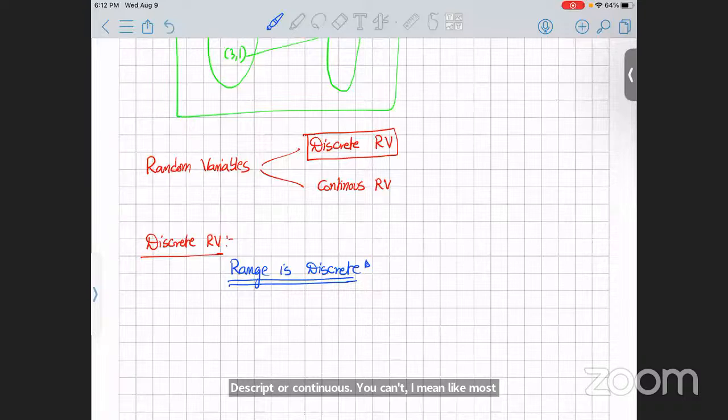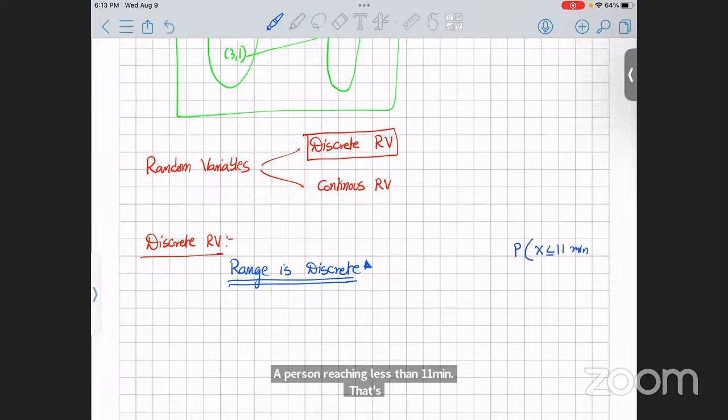For suppose the probability of a person reaching in less than 11 minutes follows a normal distribution.